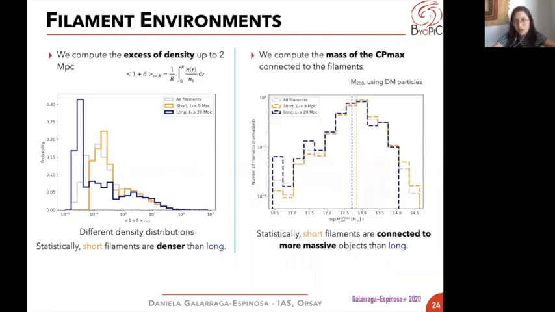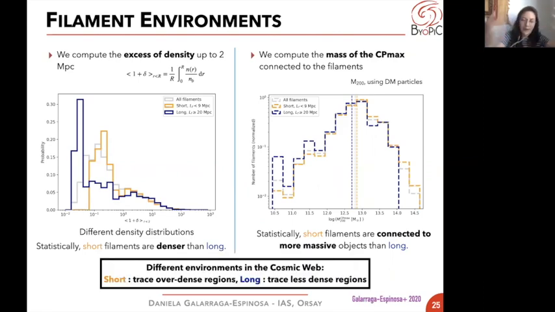Then we computed the mass of the maximum density critical point to which the filament is attached. Using dark matter particles, we computed this mass, and we see that short filaments are statistically connected to objects that are more massive than long filaments. If we combine these results, we can say that short filaments are in over-dense regions, as we had the intuition, and long ones trace less dense regions.